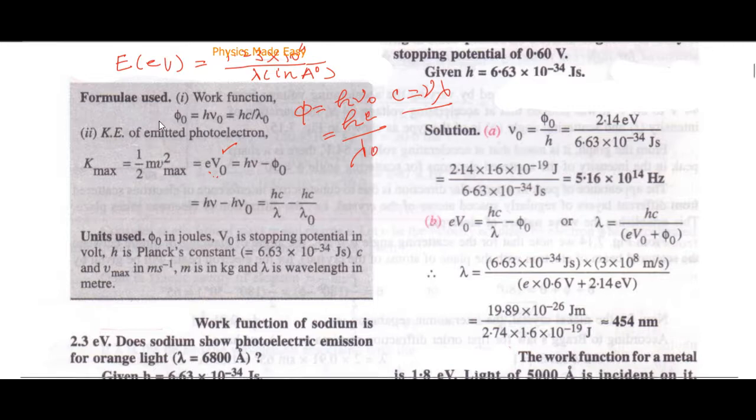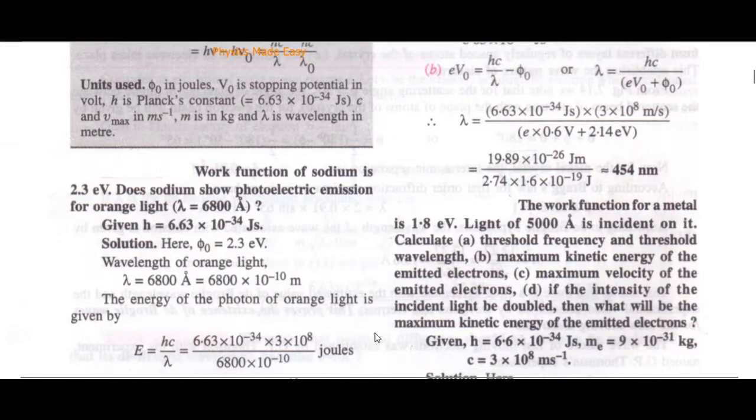Now the work function of sodium is given. He is asking whether it will show photoelectric emission with orange light. We will calculate the wavelength corresponding to it.